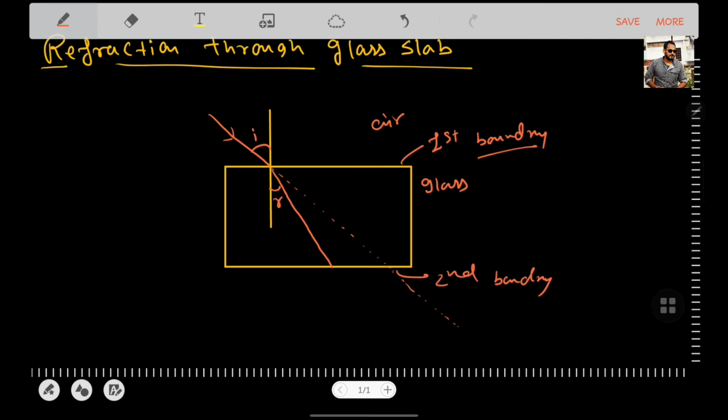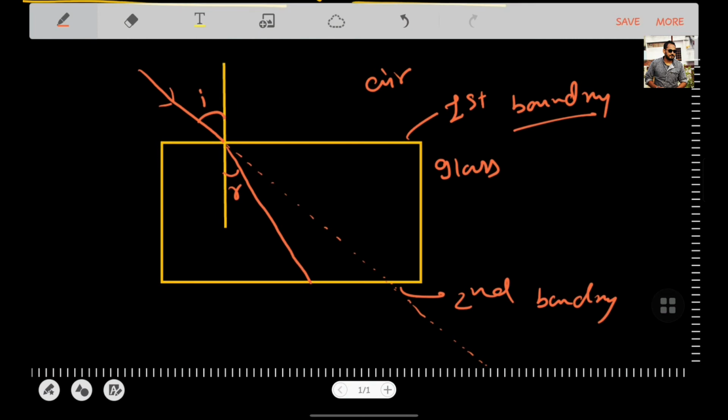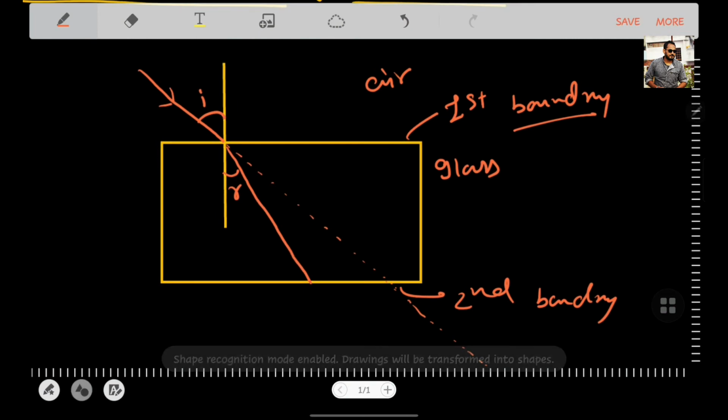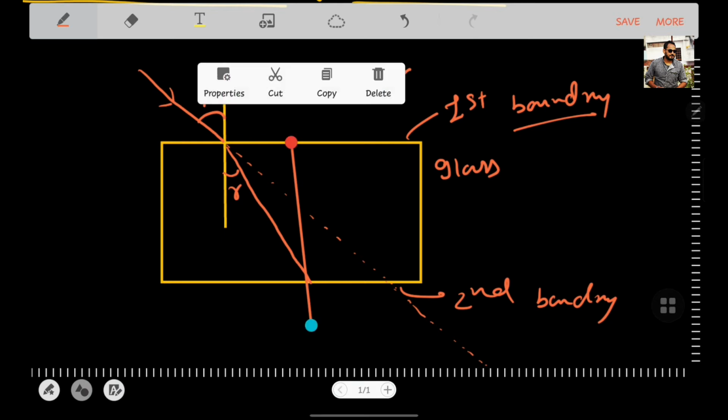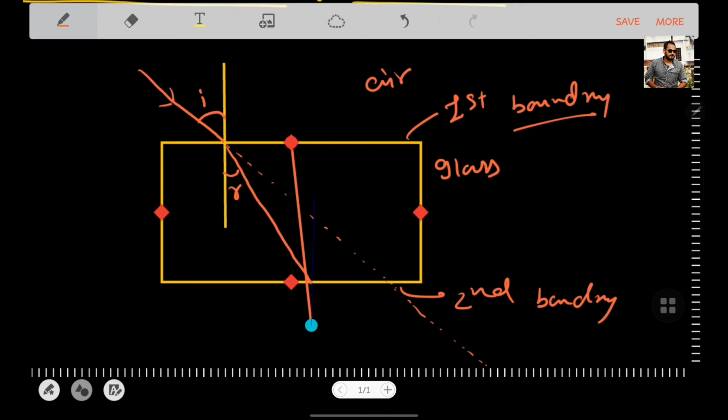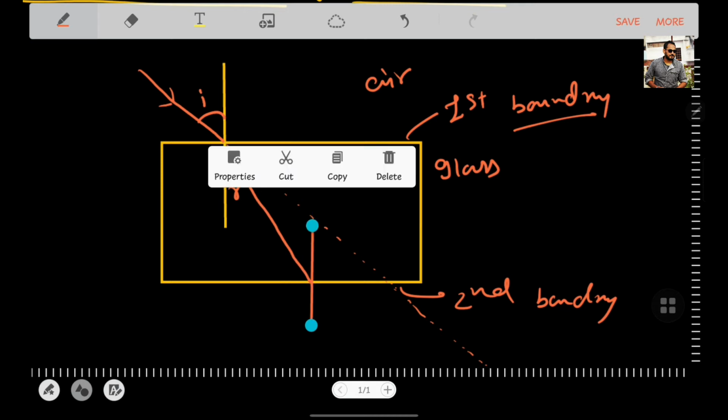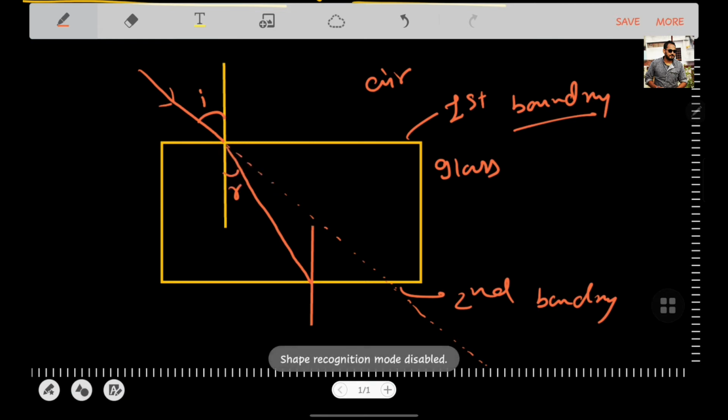Okay. Now suppose that at the second boundary where it is reaching, we have to take one more normal over there, like that. So let me take this as a perfect normal, so that I can make a perpendicular to it, like that. Okay, now this refracted ray which is incoming through that process, for the second boundary it will act as an incident ray, because now this ray is incident on it.